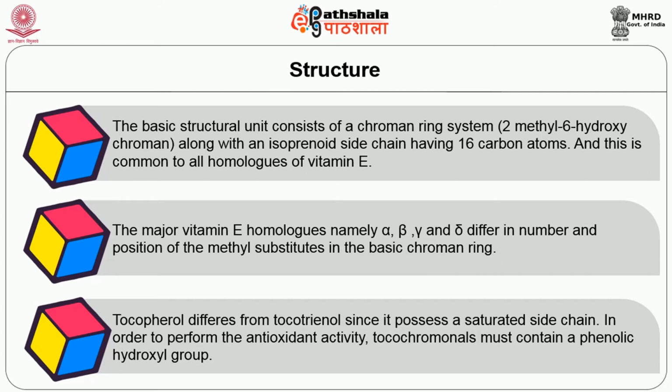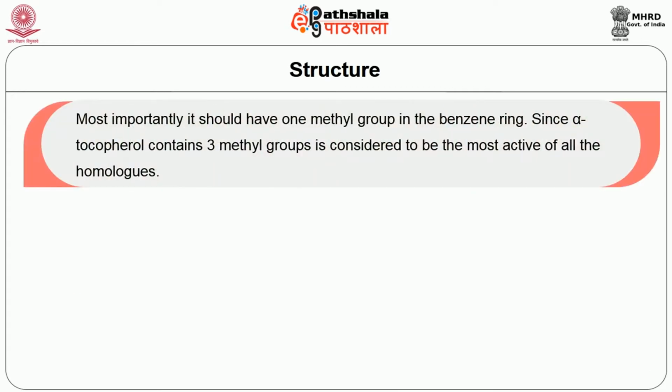In order to perform the antioxidant activity, tocochromanols must contain a phenolic hydroxyl group. Most importantly, it should have one methyl group in the benzene ring. Since alpha tocopherol contains 3 methyl groups, it is considered to be the most active of all the homologs.